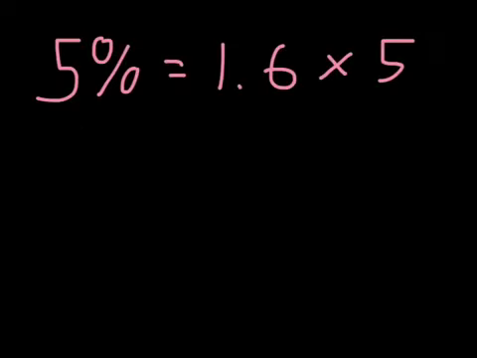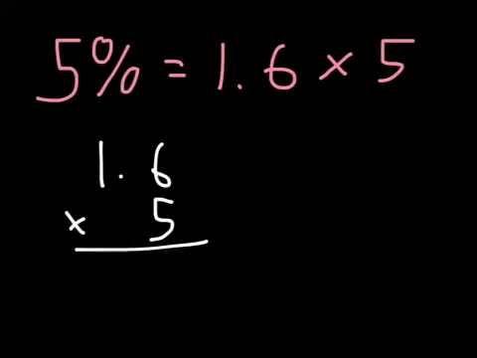Now to find 5%, we take our 1% and we multiply it by 5. 5% is just 1% times 5. So what is 1.6 times 5? You can do the math. 1.6 times 5, that's going to be 5 times 6 is 30.